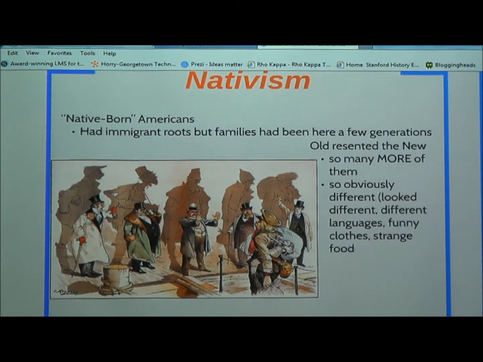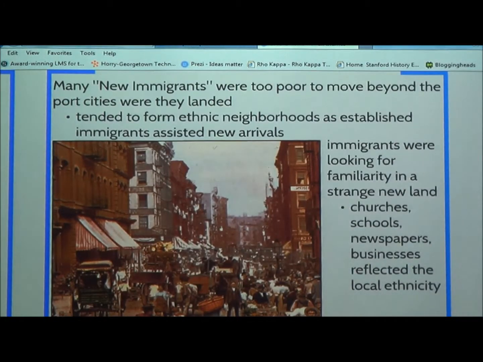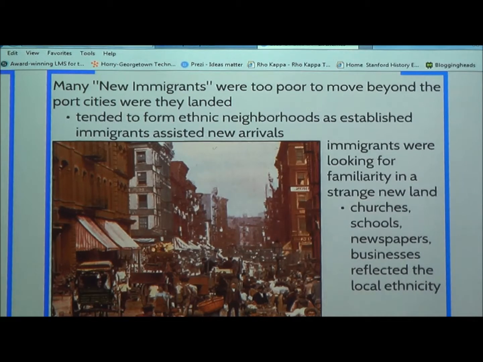They looked different, they talked differently, they wore funny clothes, they ate strange food, and those new immigrants, well, they wanted to live together. They didn't want to immediately assimilate right into society. They were too poor to move beyond the port cities where they landed, so they tended to move into ethnic neighborhoods, which means they tended to move in areas peopled by others that looked like them.